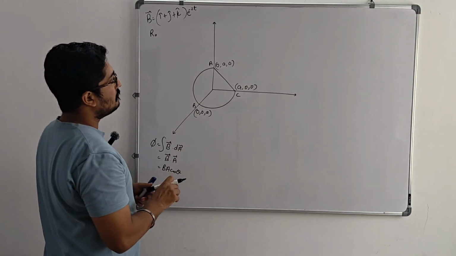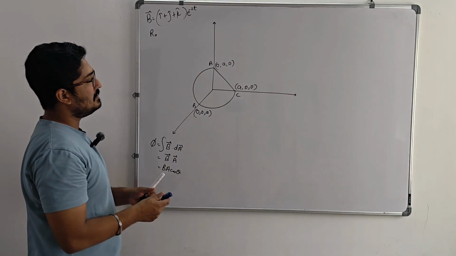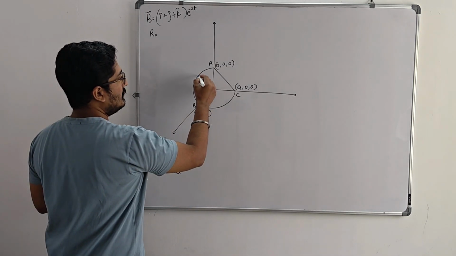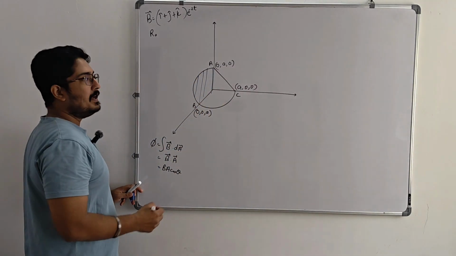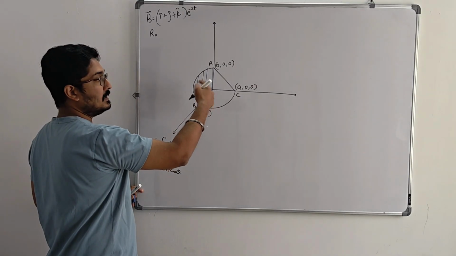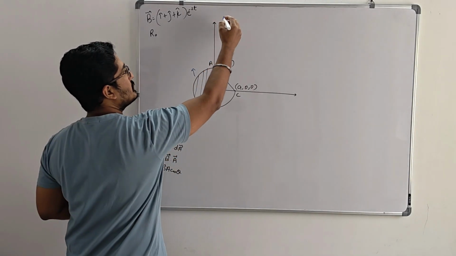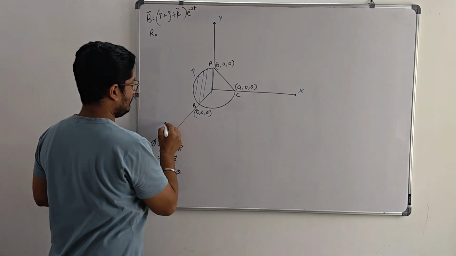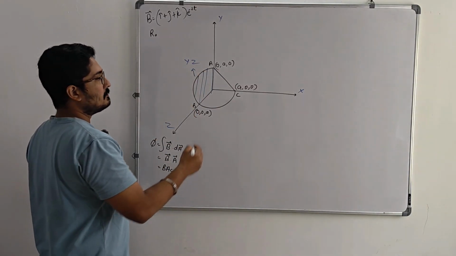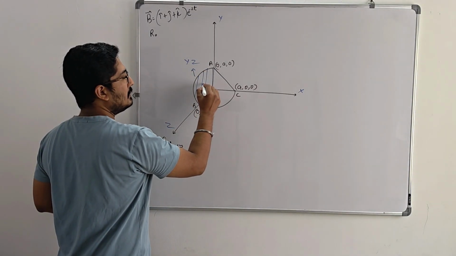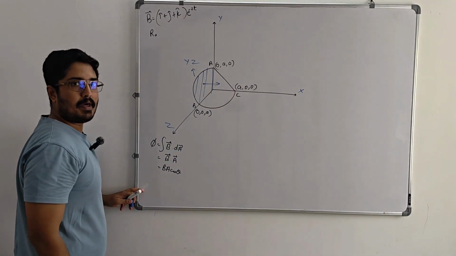So that's why, for example, if you go for this AB region, this quarter circle part AB, then this is a circle in which plane? This is actually y-axis, x-axis, and z-axis. So this one is actually in the YZ plane. So that's why I should be considering only the x component of the magnetic field.